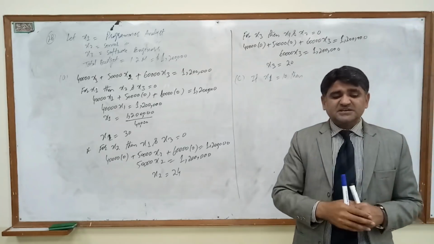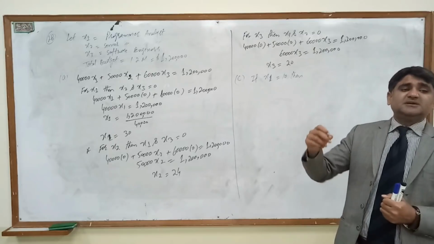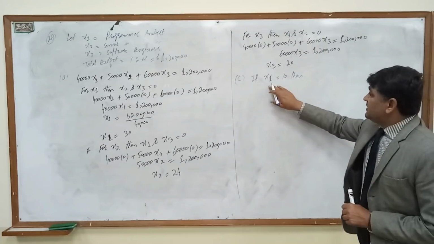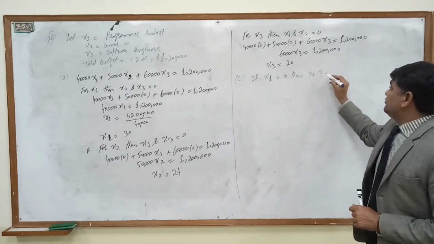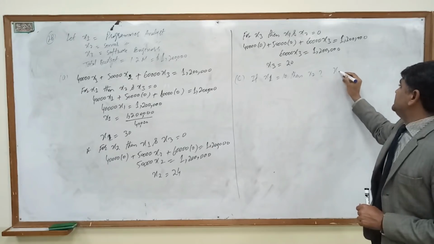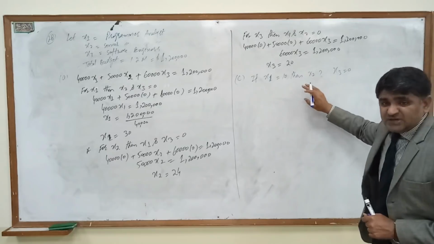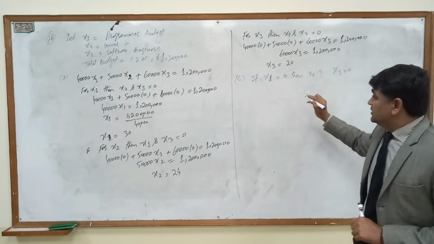In the next case, we have to determine the software engineers, but senior programmer analysts will not be there. So if x1 is equal to 10, then x2 we have to find, and x3 will be equal to 0.